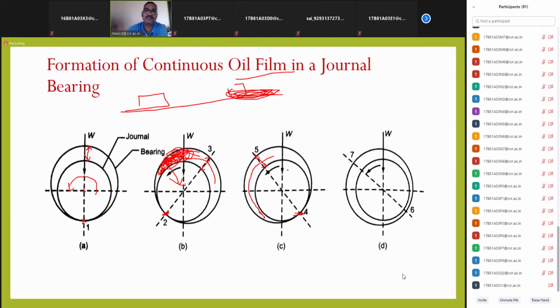In that cyclic process, there will be a formation of gap between the shaft and the bearing, and then it will try to maintain concentricity with the bearing. First there will be a small gap, next small gap, next small gap. So it will try to increase the gap and make the gap equal.